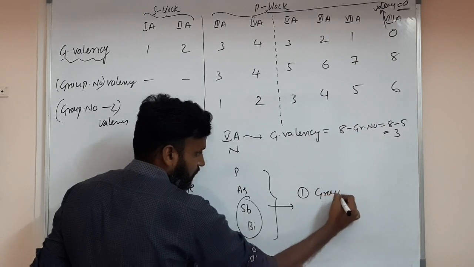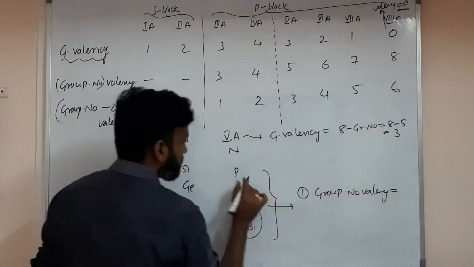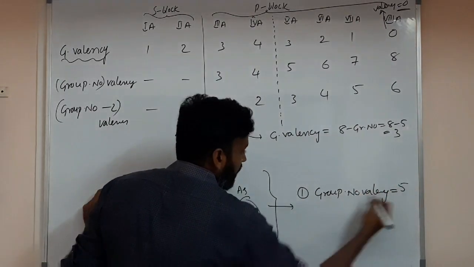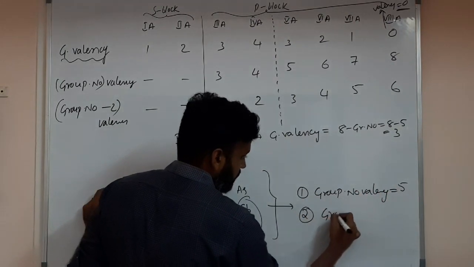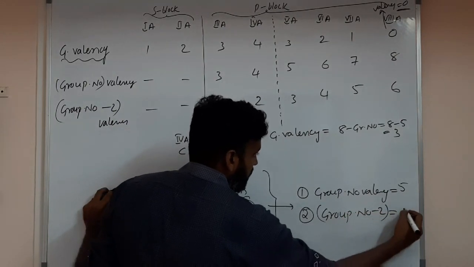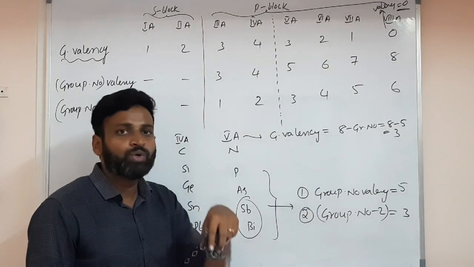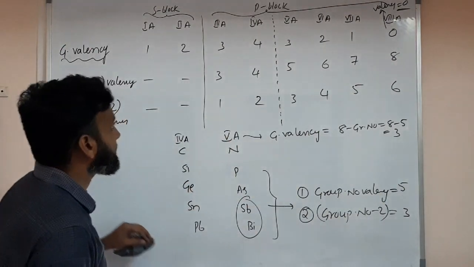One is group number valency. What is the group number valency for 5A? 5. And the second one, group number minus 2 valency, is also possible, that is 3. So as going down, 2 valencies are possible for 5A.